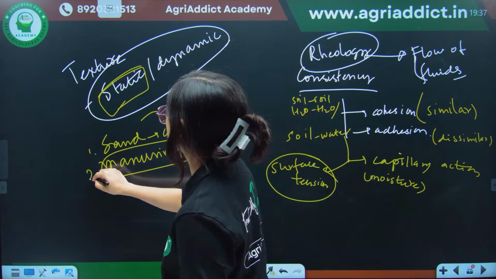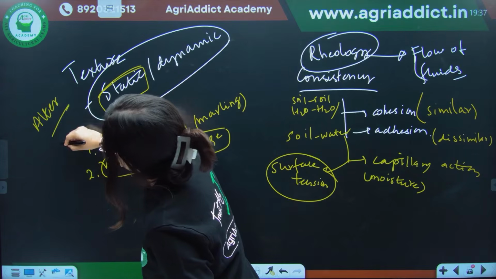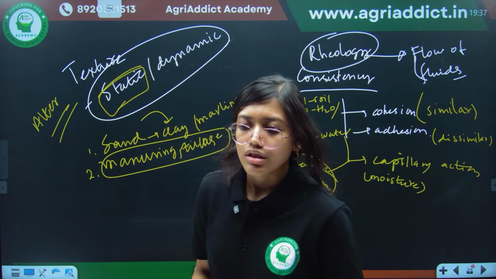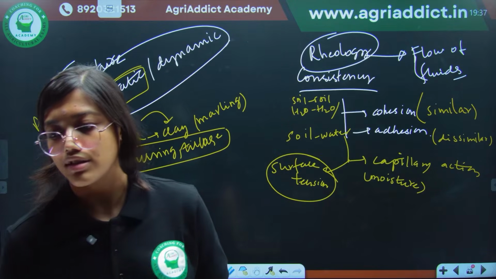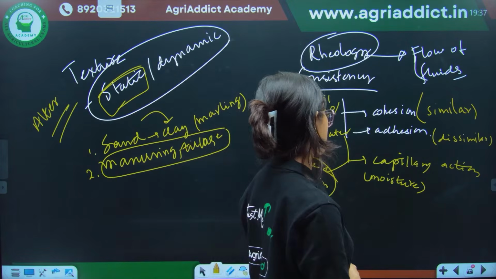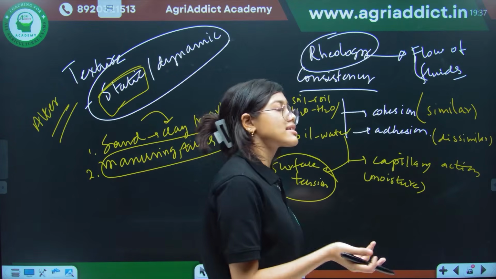So, these are the two ways by which we can only alter it, but we cannot change it, okay. Both cohesion and adhesion forces are responsible in both consistency and capillary rise.